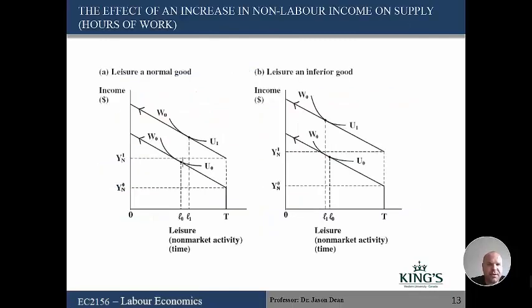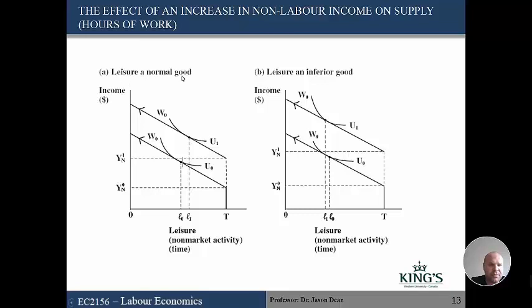Let's look at an illustration. So for example, if we had a budget constraint that looked like this, our wage is W0. In this diagram, our wage is W0 as well. And then we have an increase in non-labor income. As we know, that's going to shift the budget constraint to the right in a parallel fashion. Okay? And if leisure is a normal good, then the amount of leisure will increase.